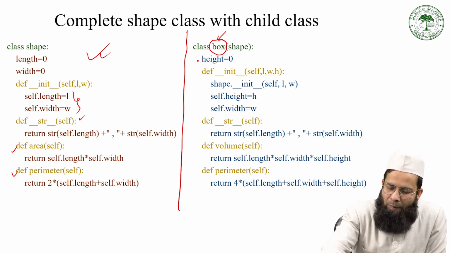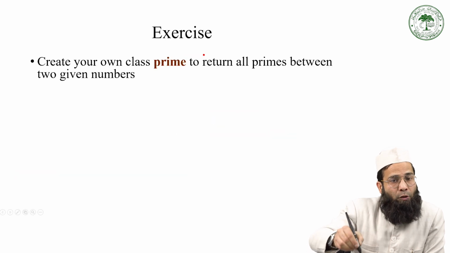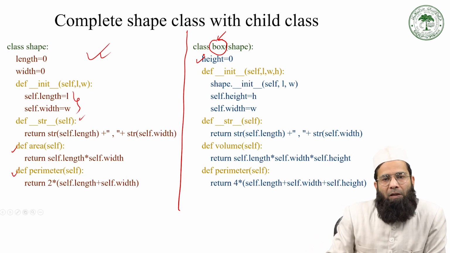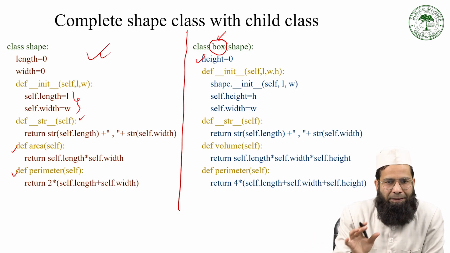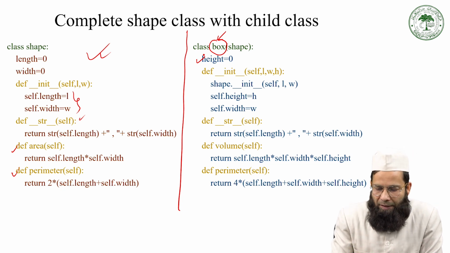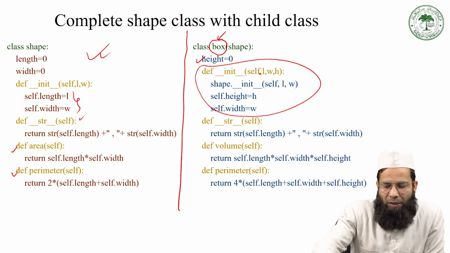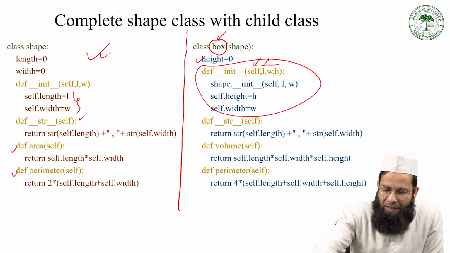Here I am including one more data member, height, which is specific to the box class only. This height is a data member of box, which is not part of the parent class. Now I'm using this constructor here. This constructor has self as a parameter and then three more parameters: length, width and height.